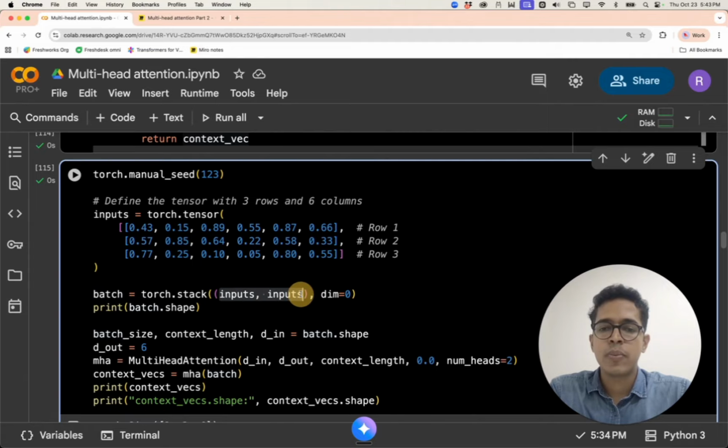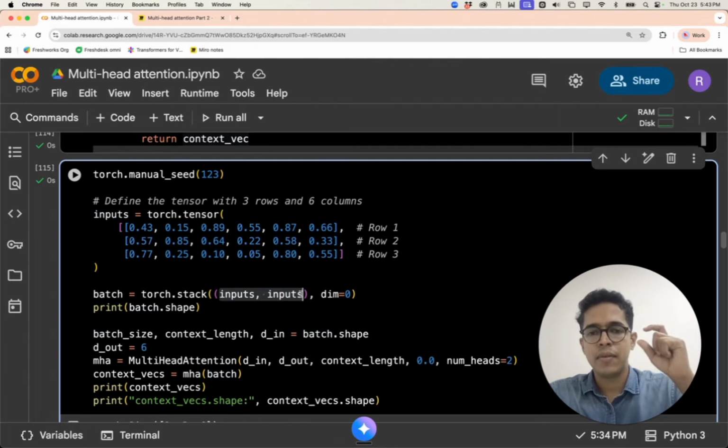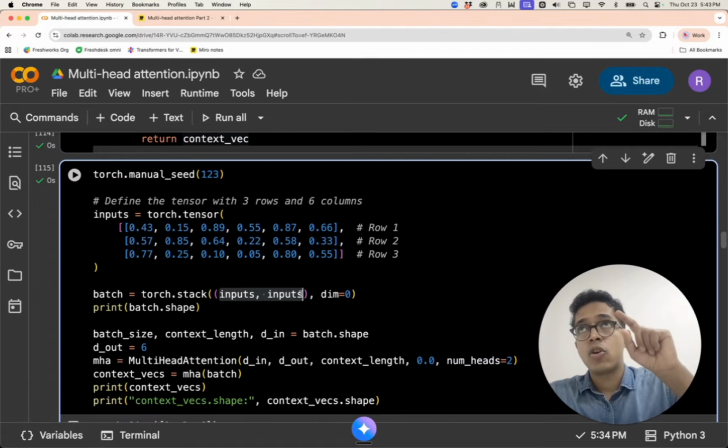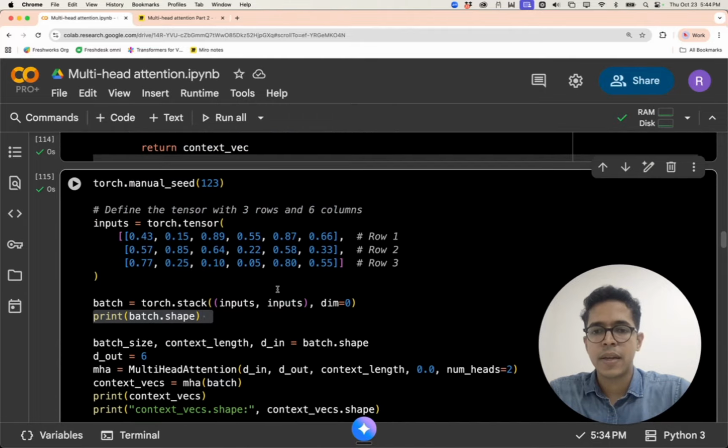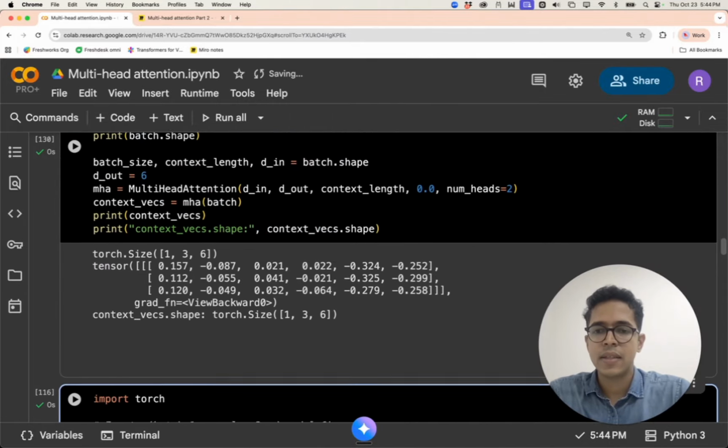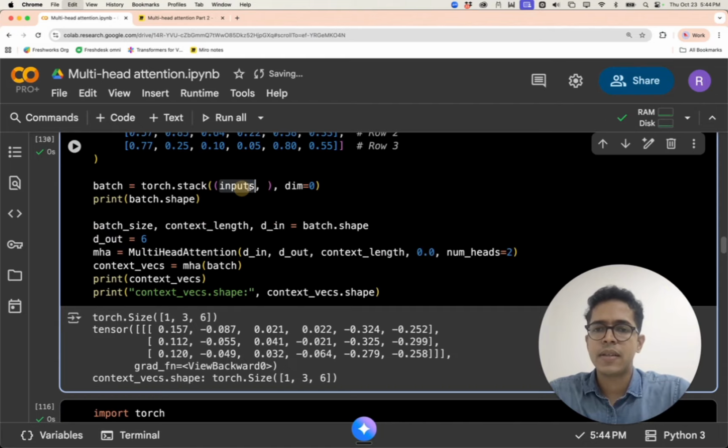So inputs comma inputs: 2 batches, each batch will have 3 vectors of 6 dimensions. So it will be 2 comma 3 comma 6. 2 is the batch size, 3 is the number of tokens per batch, 6 is the dimensions per token. Then I'm printing the batch shape, which will look like 2 comma 3 comma 6. If it was just inputs, that's it, then batch size would be 1. But let's keep it 2 for the time being.